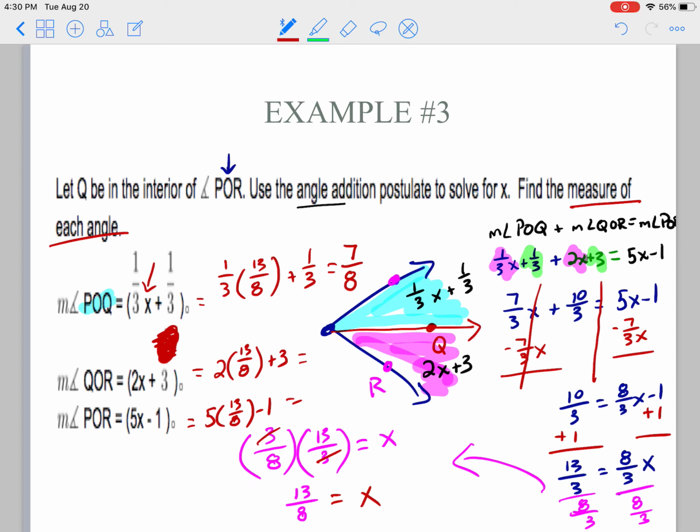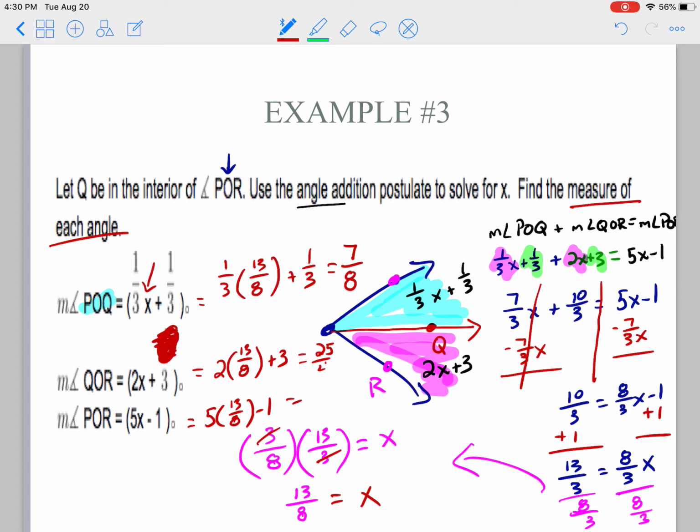And then I can also have 2 times 13/8 plus 3.